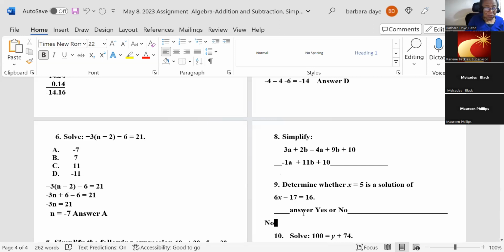If x is 5, Maureen, what's 6x? 11x. No, Maureen, this is a multiplication. Oh, 6 times x, 30. 30. What's 30 minus 17? 30 minus 17 is 13. And 13 is not equal to 16, so it's a no.